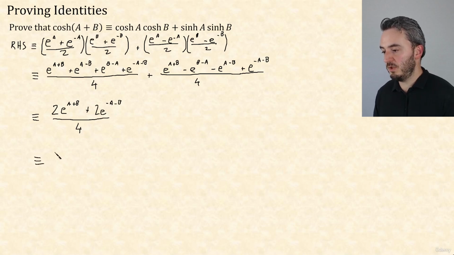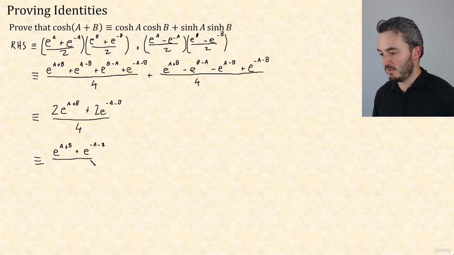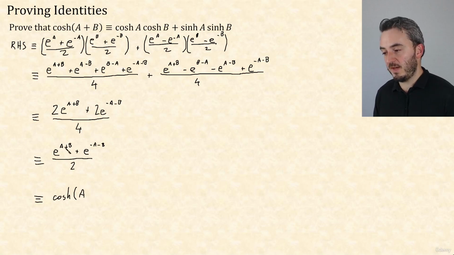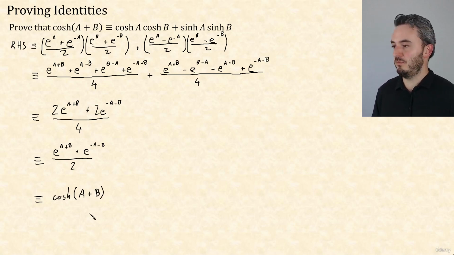Dividing top and bottom by 2, I have e to the a plus b plus e to the minus a minus b, and what is that? All over 2. That is, by definition, cosh of a plus b, because this is just cosh of x if x is a plus b. And we're done with that proof.